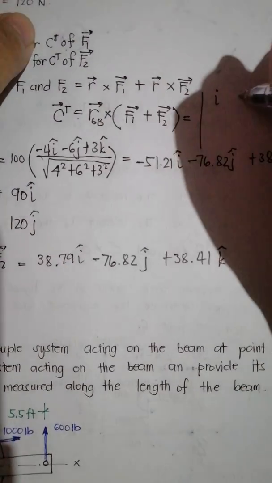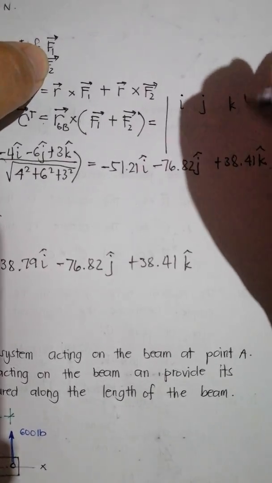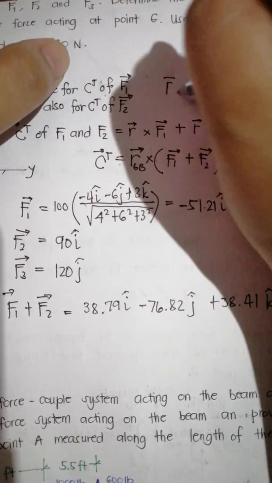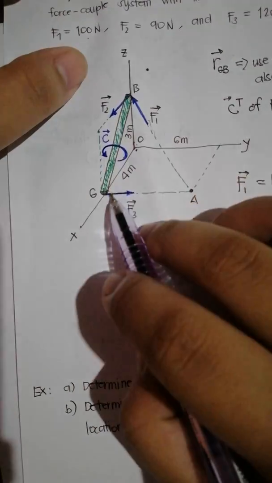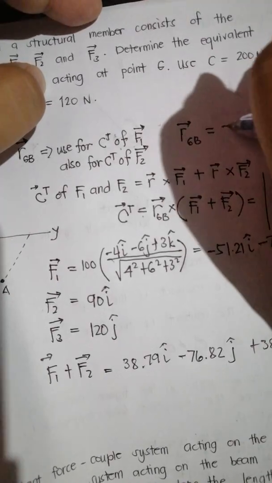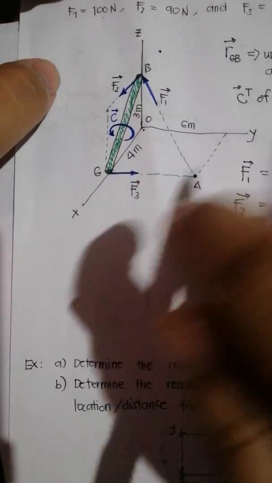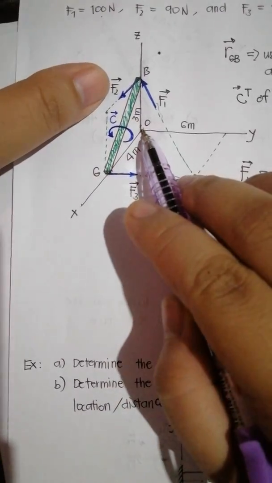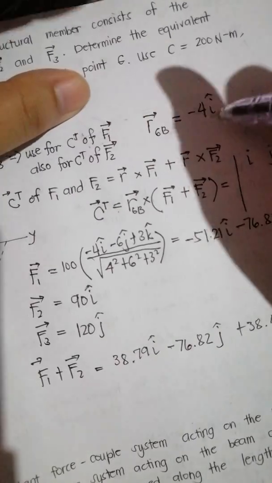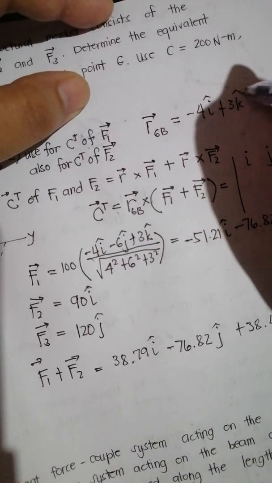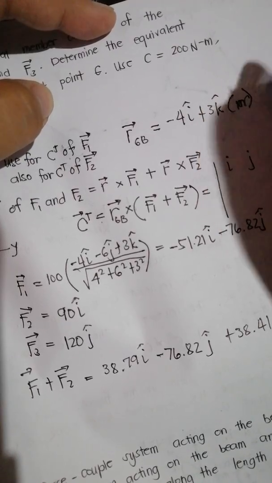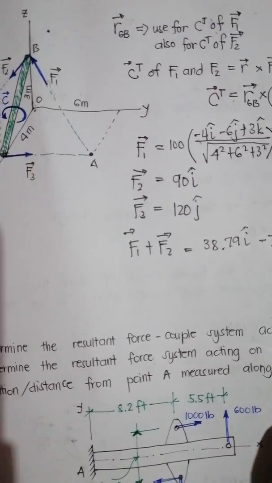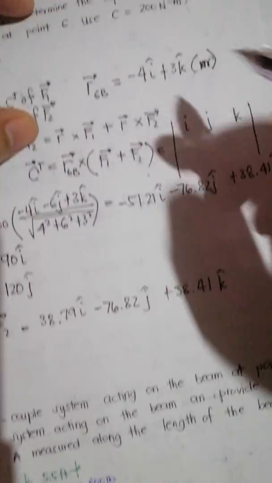So i, j, and k. So, ano yung r GB natin? G to B. So, from G to B, yung x component niya is negative 4 i. And then, G to B, then we have for z-axis positive 3 k hat. This is in meters. Okay, just checking.